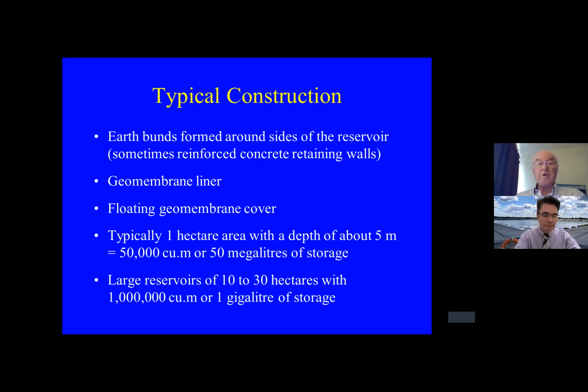And you have a geomembrane liner and a floating geomembrane cover. Typically a 1 hectare area with a depth of 5 meters of liquid will give you about 50 megalitres of storage. And there are larger reservoirs with a gigalitre of storage.